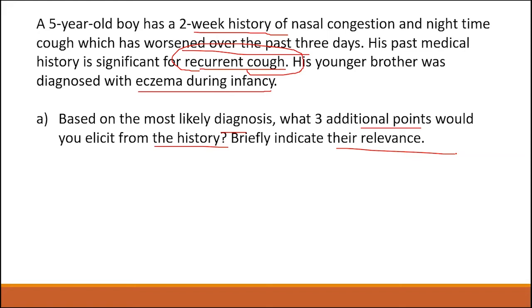So you want to find out. And they're giving you a 2-week history of nasal congestion. That tells you that the person is also having an upper respiratory infection. So infection can also be a reason why the person is having all of these things. Already now you have asthma, your bronchi are not correct, and now you're having nasal congestion again. Now wahala.